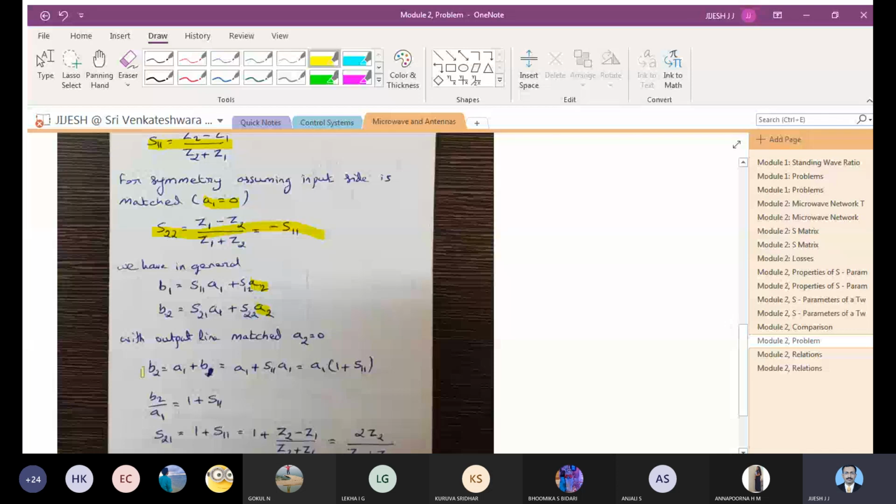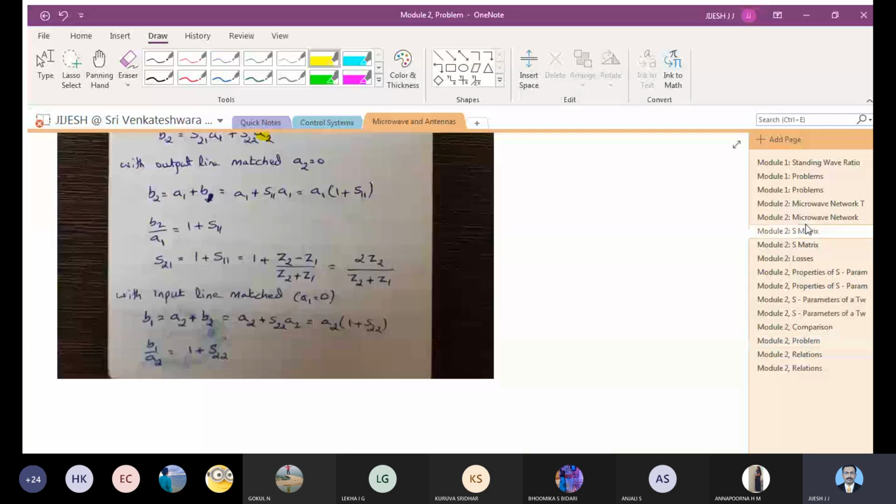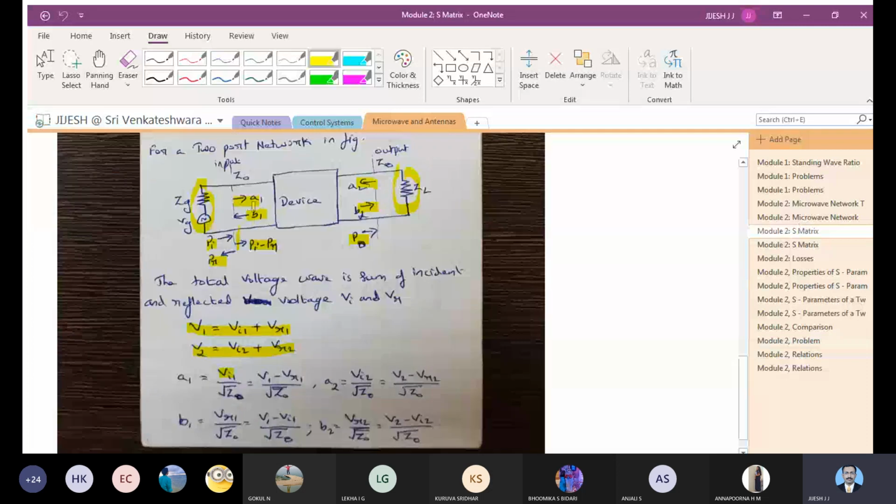You can take this equation even from the figure you have studied before. I can show you that. Here you can see that B2 can be taken as a combination of A1 and B1. So from this as well you can write it: B2 is equal to A1 plus B1. And what is B1?